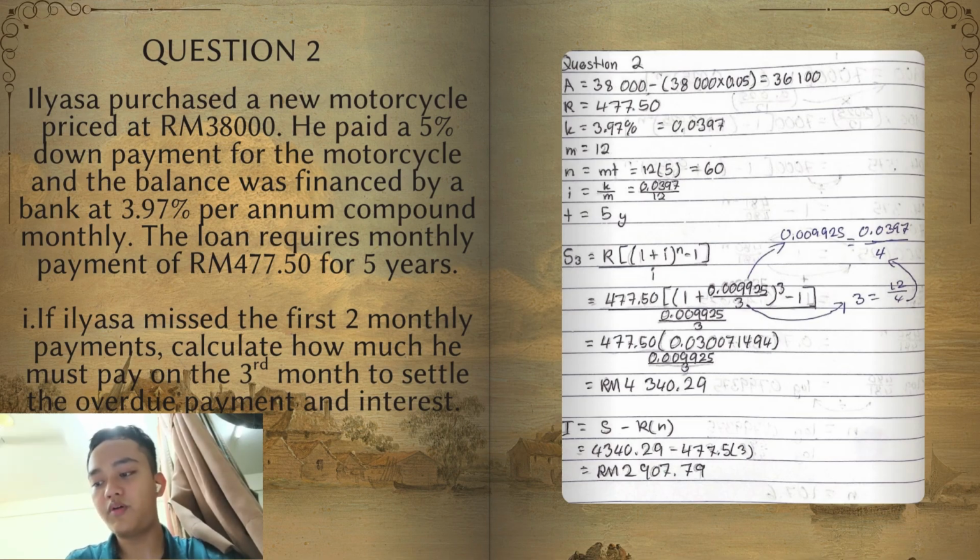R equals 477.50. K equals 3.97%, equal to 0.0397. M equals 12. N equals MT equals 12 times 5 equals 60. I equals K over M equals 0.0397 over 12. T equals 5 years.